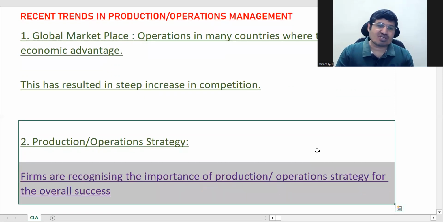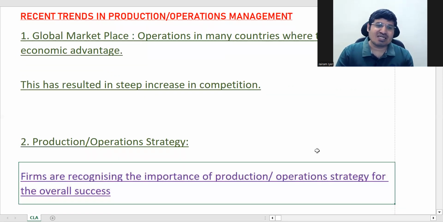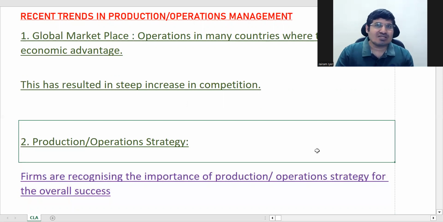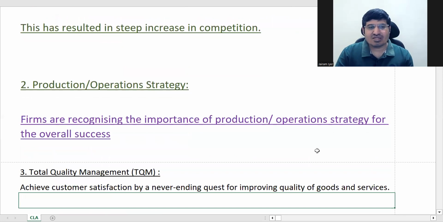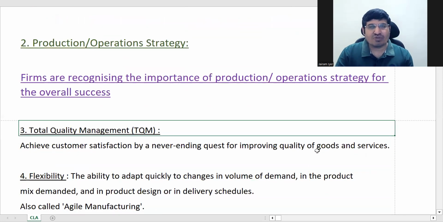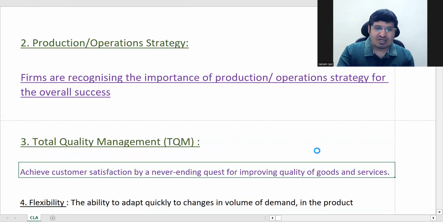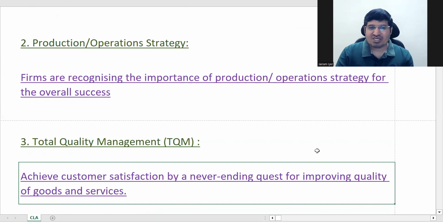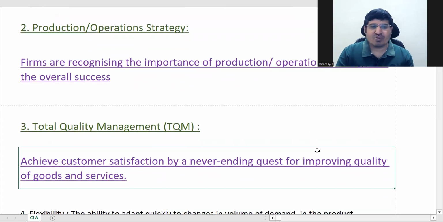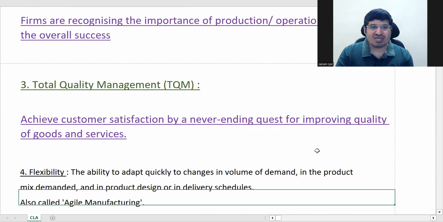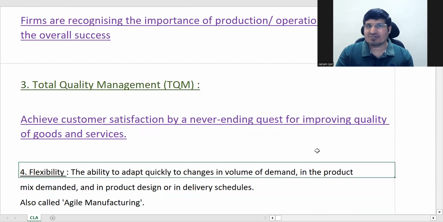So lots of production operations strategy is needed. Strategies are nothing but your JIT and all that, right? Those are the strategies. Then TQM, total quality management, is also a recent trend. Achieve customer satisfaction by a never-ending quest for improving quality of goods and services. That's total quality management. Quality in everything.